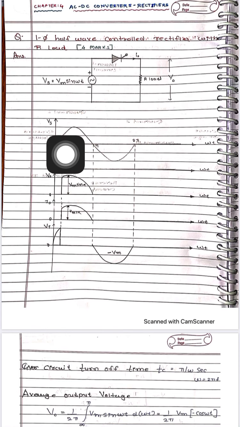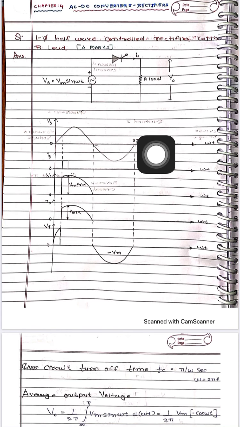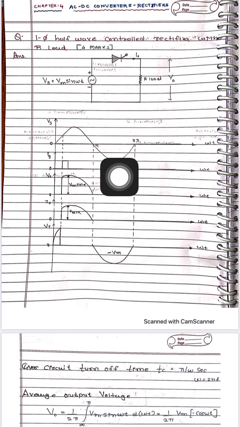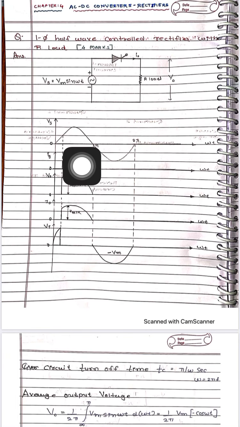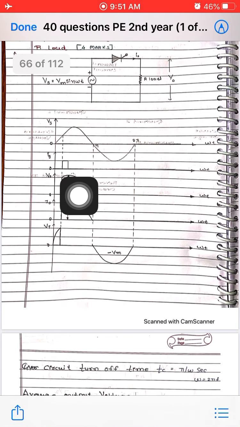We know that the whole cycle means 0 to 360, and in pi terms that is 180, half of that pi is 90. So, we can say 0 to 90, and between that 30 appears. So, you can see over here the gate pulse is starting here, that is called 30 degree.